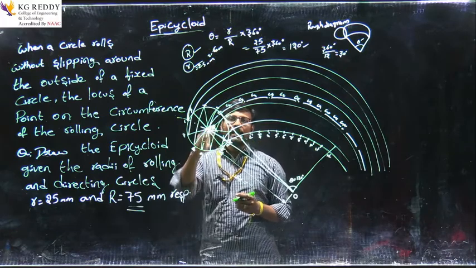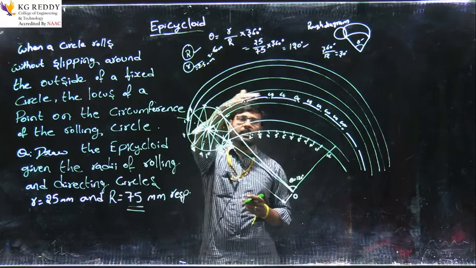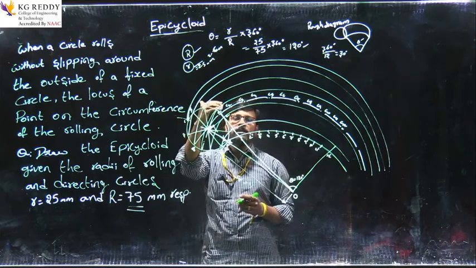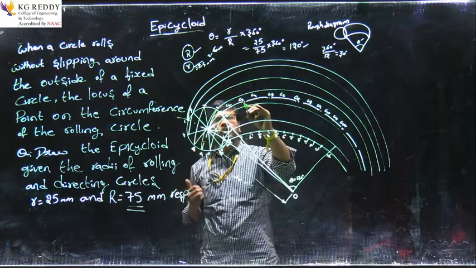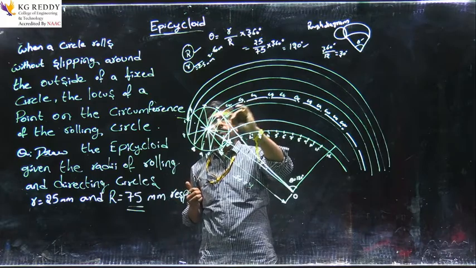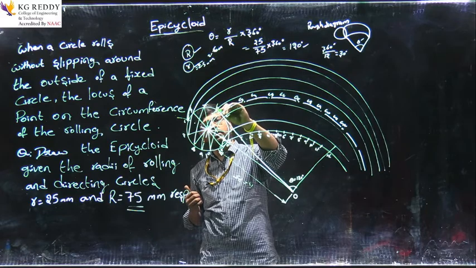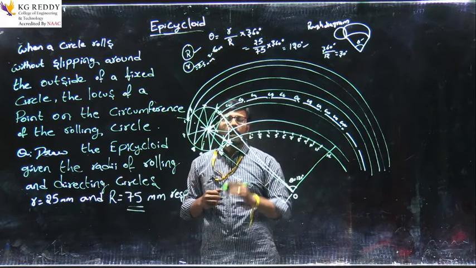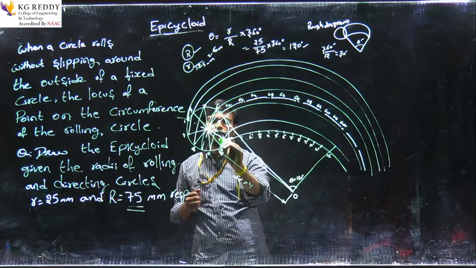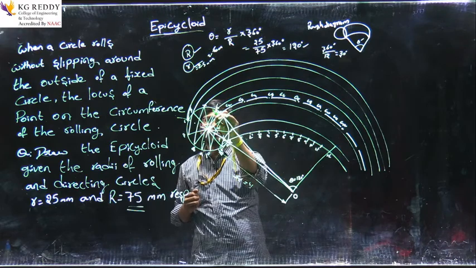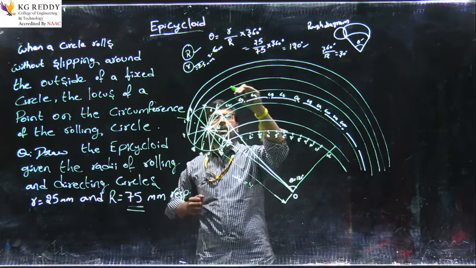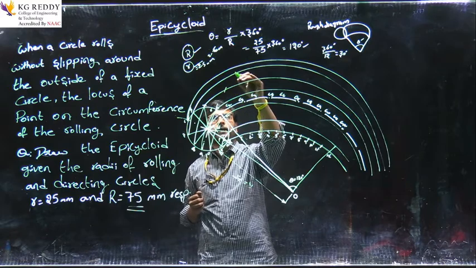Here the 9 and 3 curve is different and the center line is different. In a cycloid, the center line and the 3 line are the same. So with C3 as a center, 2.5 centimeters, we have to take one arc on the 3 and 9 curve. And we can give a name for this P, suppose Q, R. Like this, you have to repeat it.